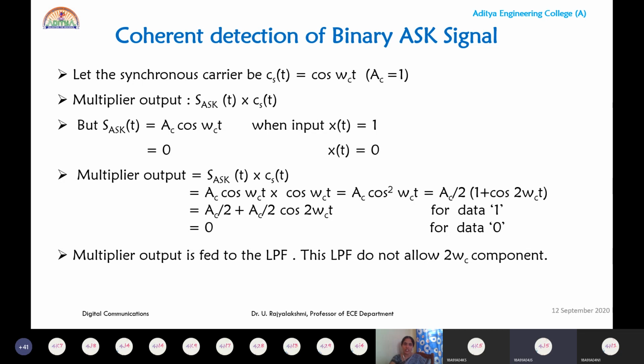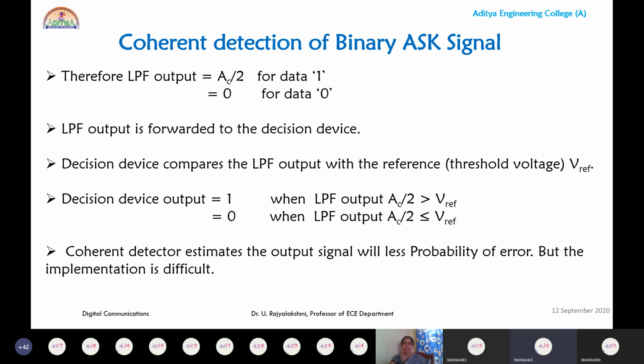The low pass filter does not allow the 2 omega ct component. So instead of AC by 2, you will get the low pass filter output as AC square by 2. If you take AC as 1 volt, you will get AC by 2. If you don't take it as 1 volt, you will get AC square by 2. Anyhow, we assumed AC as 1 volt, so that's why the low pass filter output is AC by 2 only.